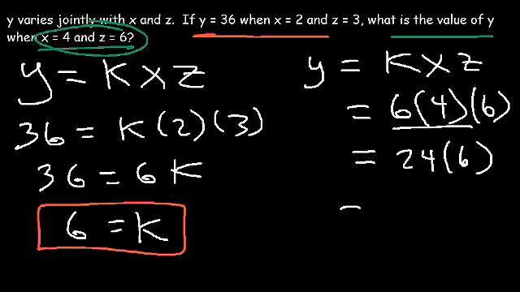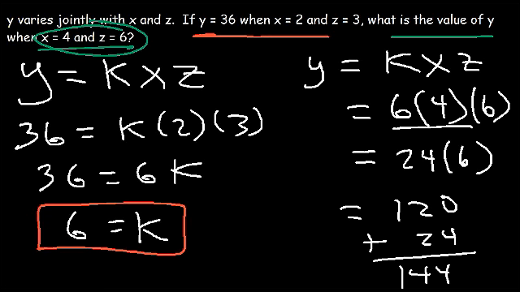And what's 24 times 6? 2 times 6 is 12, so 20 times 6 is 120. And 4 times 6 is 24. If you add 120 and 24, you get 144, which is the answer that we had before. So y is going to be 144 when x is 4 and z is 6. So we get the same answer as we did last time.